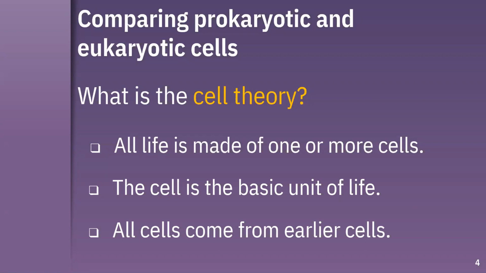And finally, all cells come from earlier cells. We originally had the prokaryotic cell, which evolved way back in geologic history. Okay, but since that cell, all cells come from pre-existing cells. They don't spontaneously generate.